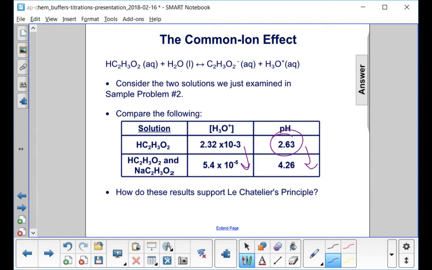How do these results support Le Chatelier's principle? Well, by adding this common ion, acetate, we shift the equilibrium to the left, decreasing the concentration of both products. So the concentration of H3O plus decreases. The lower the H3O plus concentration, the higher the pH. So that's why we see the resulting increase in the pH.